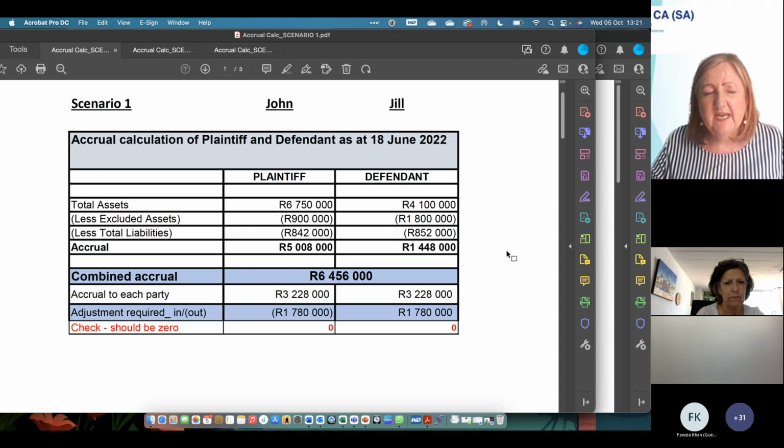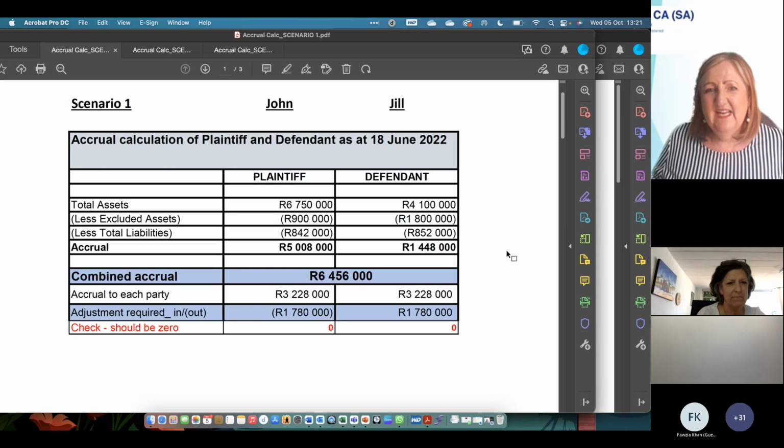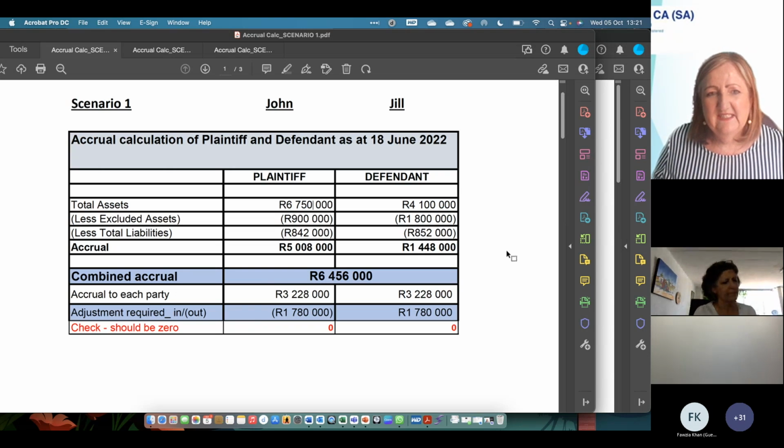So did no one try to attempt to calculate this? I would be interested to hear if anybody came to the same. Cornay says that she got the same one as you. Tracy Lee says probably easier to keep an excluded asset out of the calculation where the value of the excluded asset has not as yet been determined, i.e. a business.